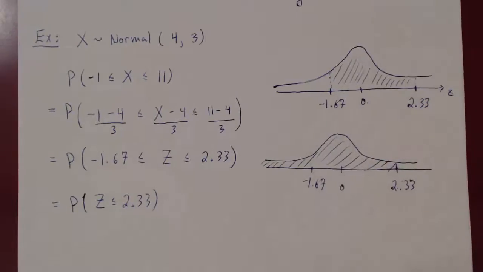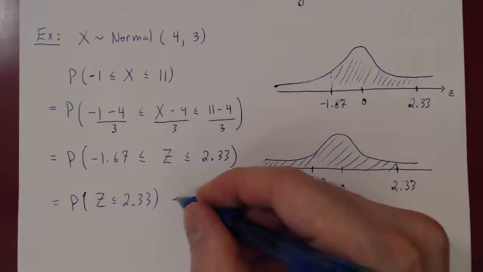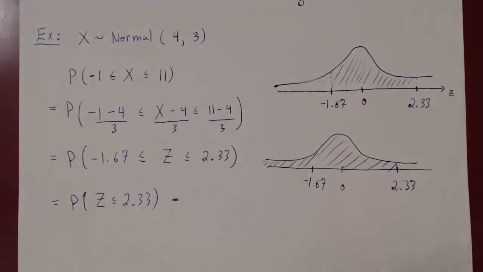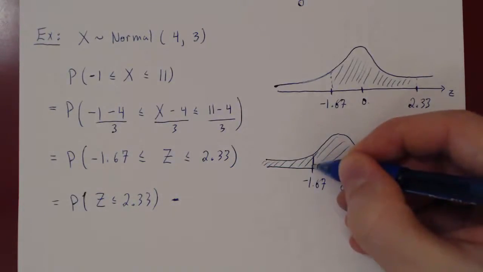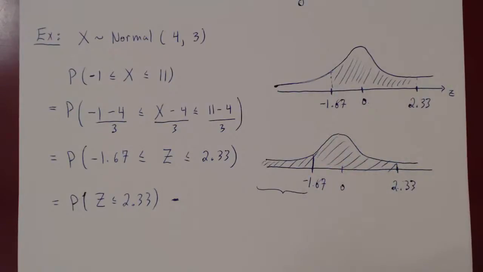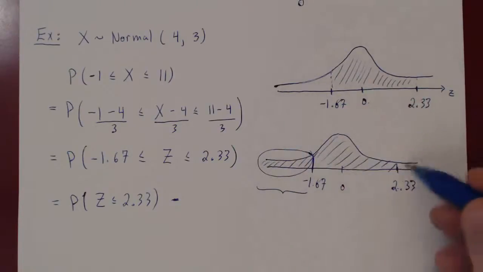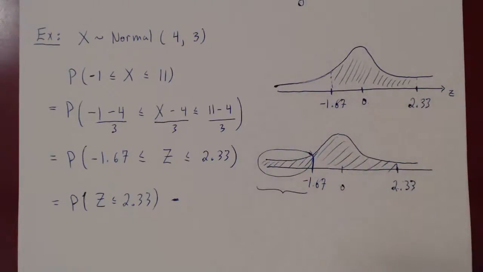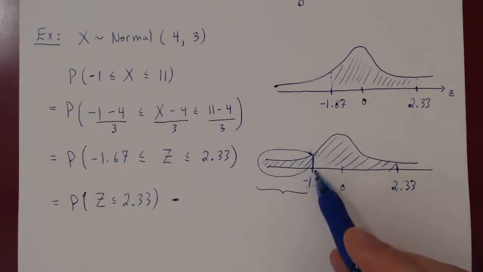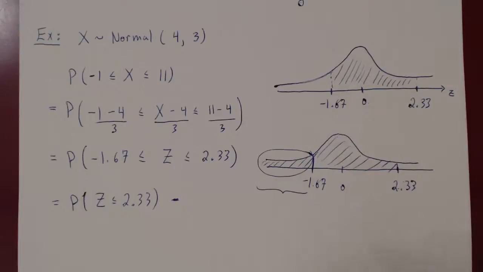So the idea is, well, we've added too much area, so let's subtract the area that we do not want, and that is the area below negative 1.67. So if we remove this area from the whole thing, we'll be left with the area exactly between negative 1.67 and 2.33. And that is what we were after.